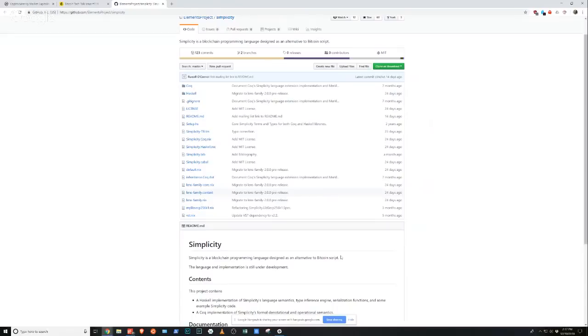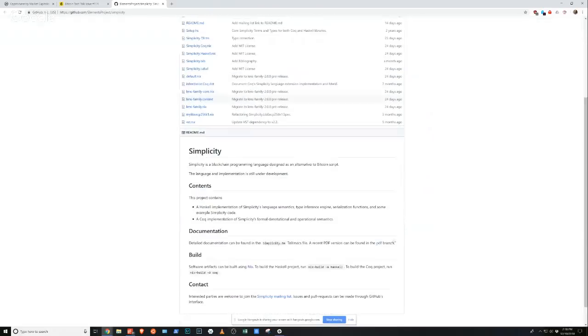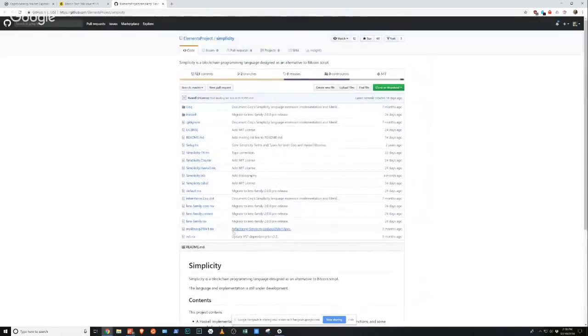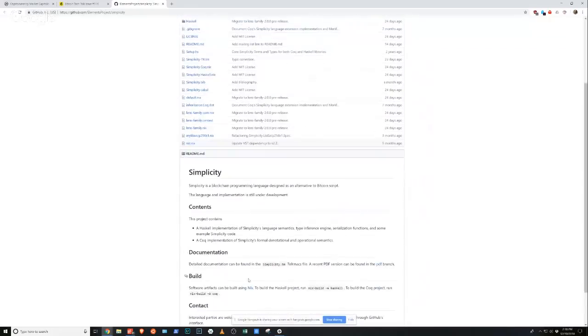With Simplicity, the goal is to be able to prove that a smart contract is safe. That's the direction Bitcoin's been going in: before you do anything, make sure it's absolutely and critically safe because we have people's money involved. That's the idea behind this particular project. They've released it open source. It looks like it's written in Haskell. Yeah.